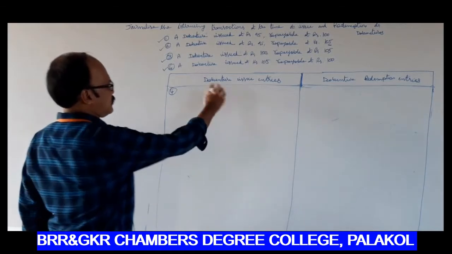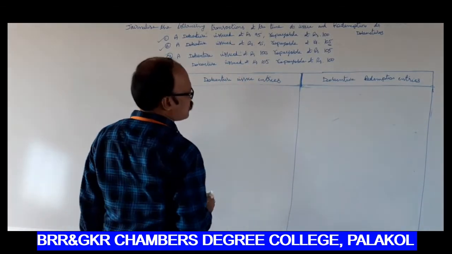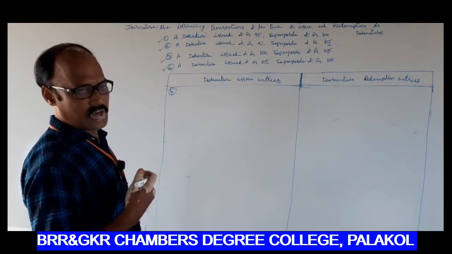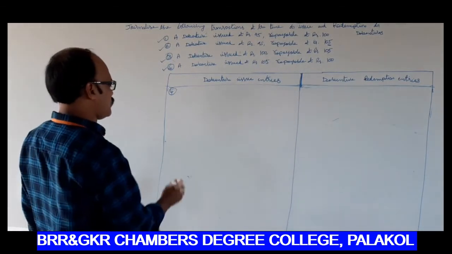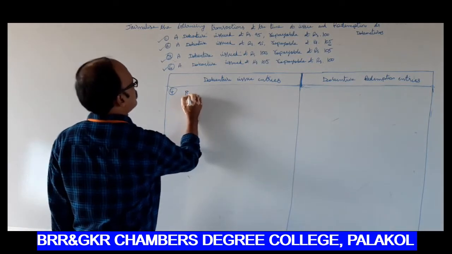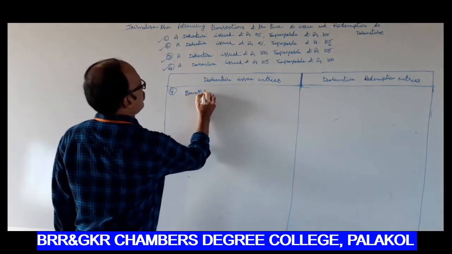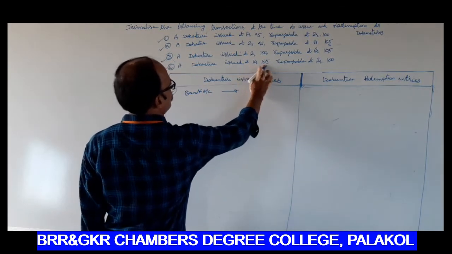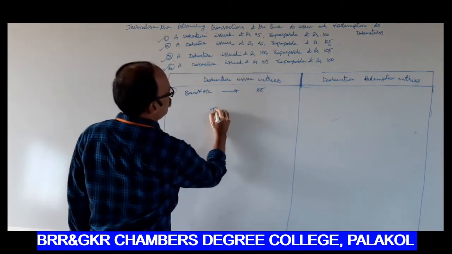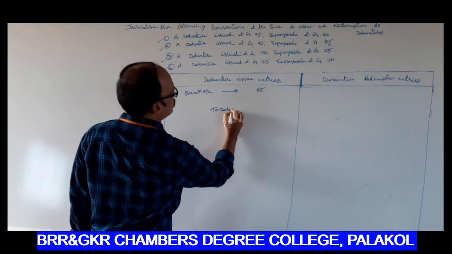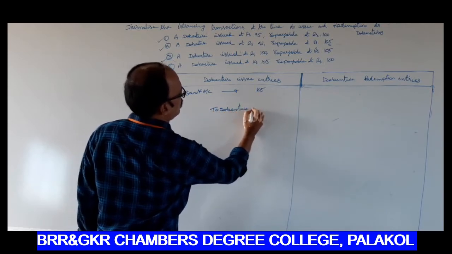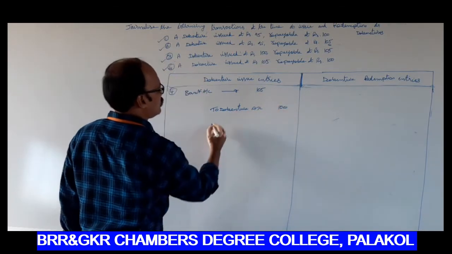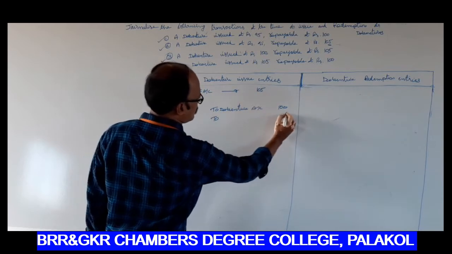Fourth transaction, a debenture issued at rupees 105, repayable at 100. Receiving 105, repayable 100. Actually, bank account debtor 105 to actual value of debenture. Debenture account 100. So the credit amount balance is there, 5.